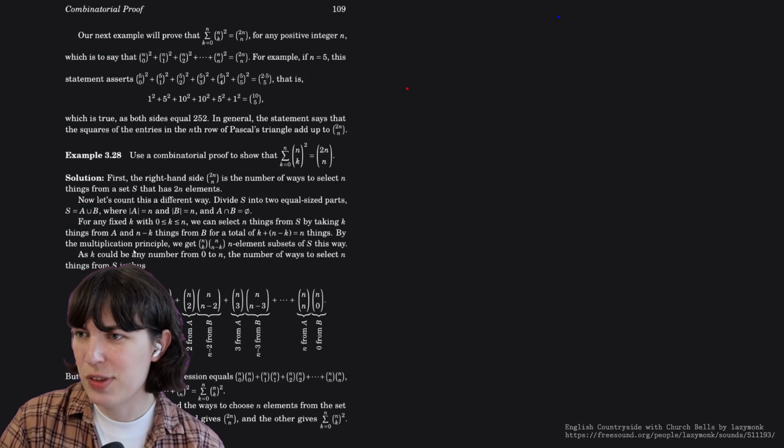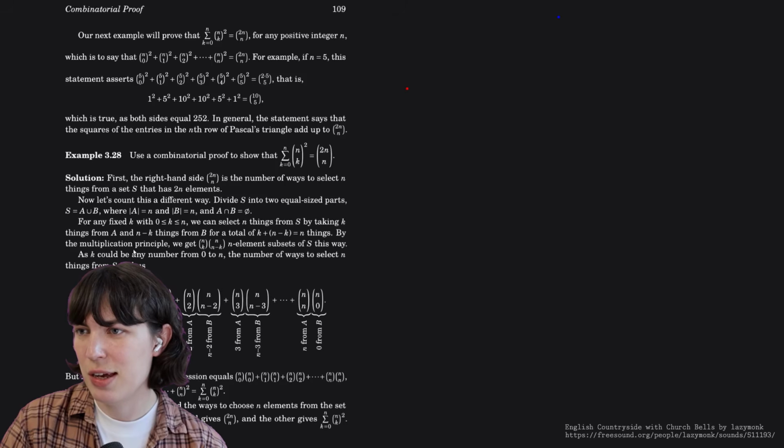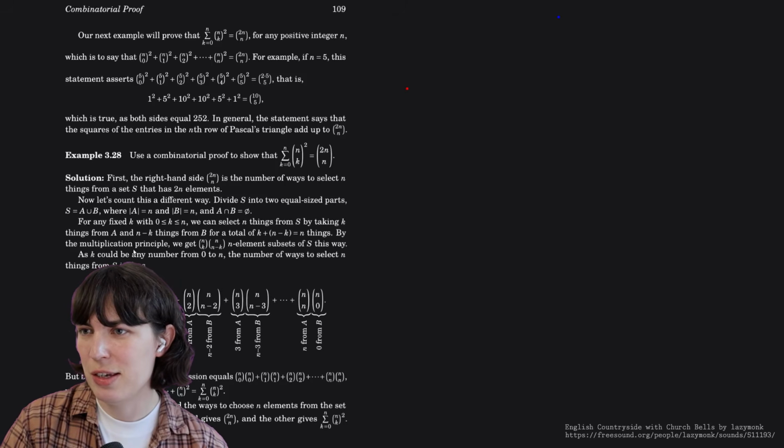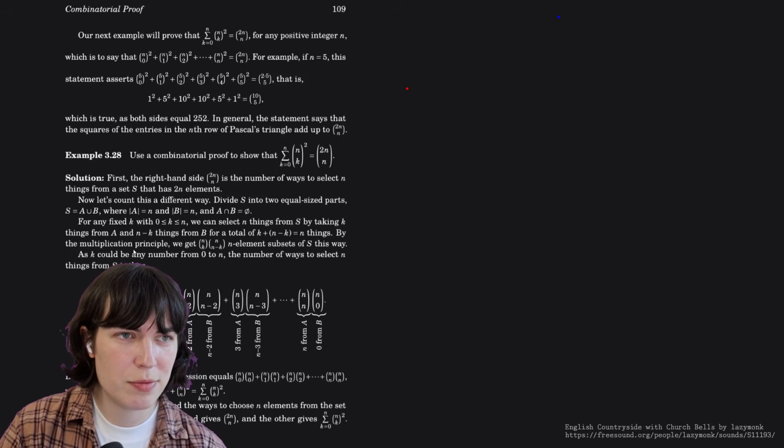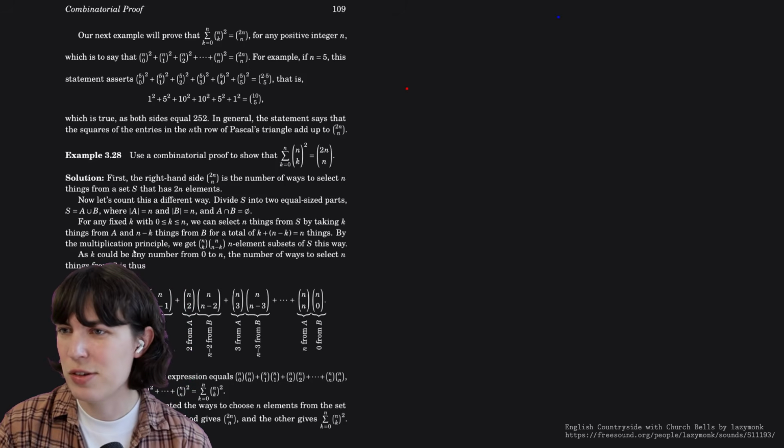Our next example will prove that the sum from k equals 0 through n of n choose k squared is 2n choose n. Really? Okay, you know, that's all right.